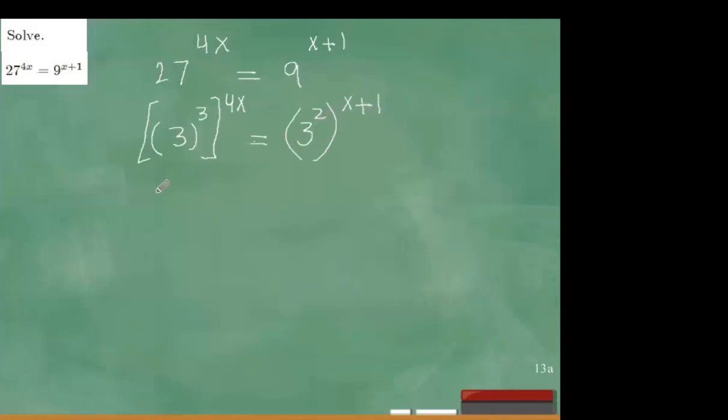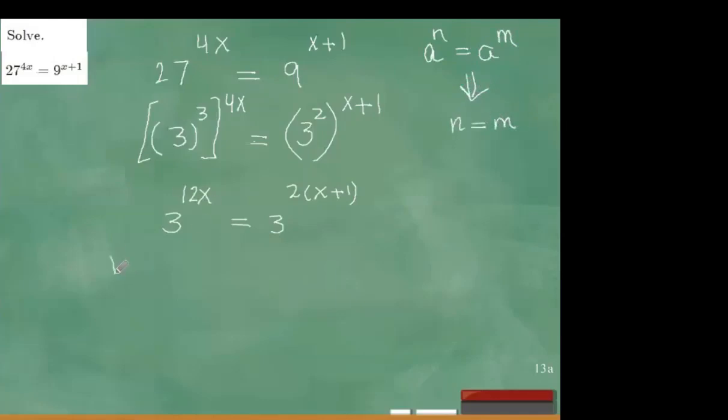So in this case, I can make the base the same. Here I have 3 to the power of 3 times 4, which would be 12x, is equal to 3 to the power of 2 times x plus 1. When a to the power of n is equal to a to the power of m, you can conclude from here that n must be the same as m.